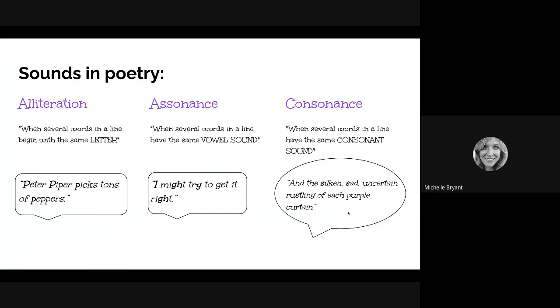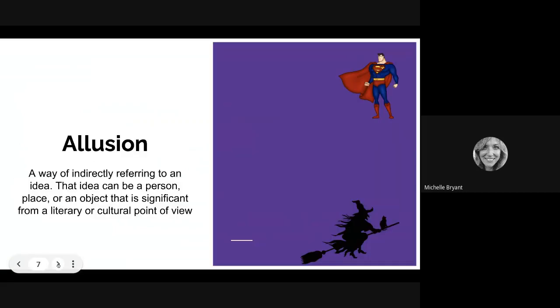There's also the sound in uncertain rustling of each purple curtain. Okay. That's just a way that poets try to make their writing sound a little bit more musical, again, since they don't have instruments.